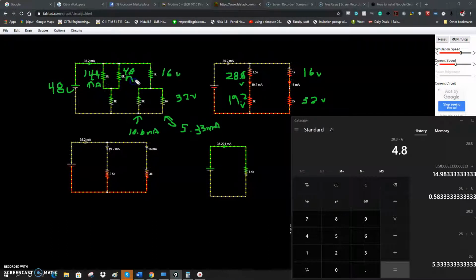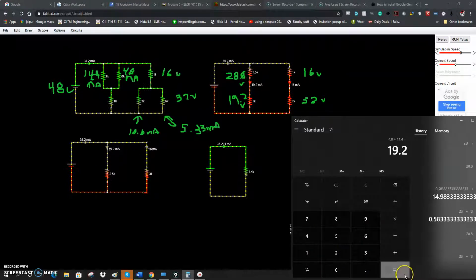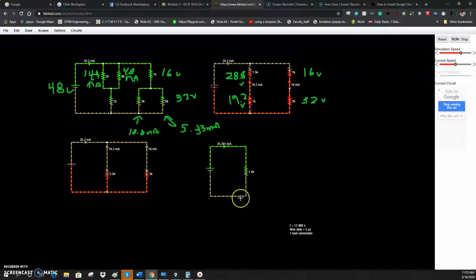So 14.4 plus 4.8. Let's add those two together. That equals 19.2, which is what we had. So all is good there. So it's just a matter of working through these circuits and understanding how to solve them.